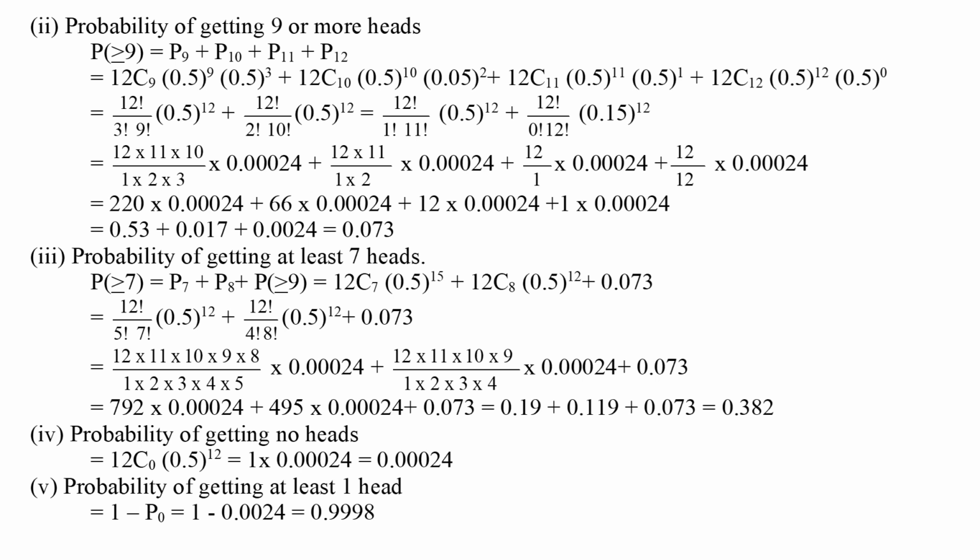Probability of getting no heads equals 12C0 times 0.5 raised to 12 equals 1 times 0.00024 equals 0.00024. V. Probability of getting at least 1 head means no head should be recorded. Hence P0 is excluded from the total probability of 1. Equals 1 minus P0 equals 1 minus 0.00024 equals 0.9998.